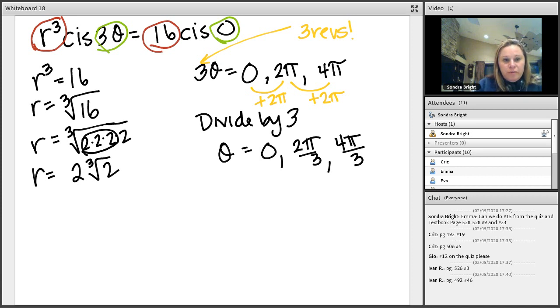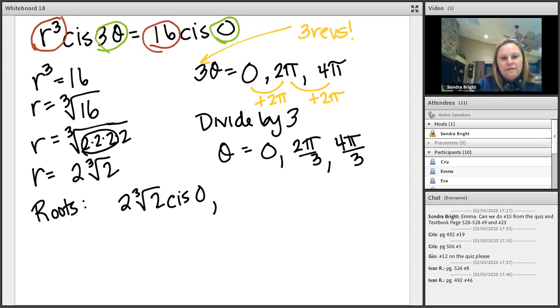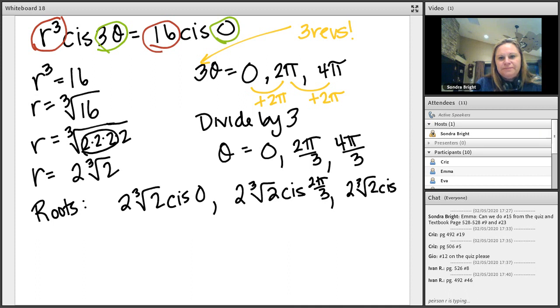So our 3 roots are r cis theta: 2 times the cube root of 2 cis 0, 2 times the cube root of 2 cis 2 pi over 3, and 2 times the cube root of 2 cis 4 pi over 3.